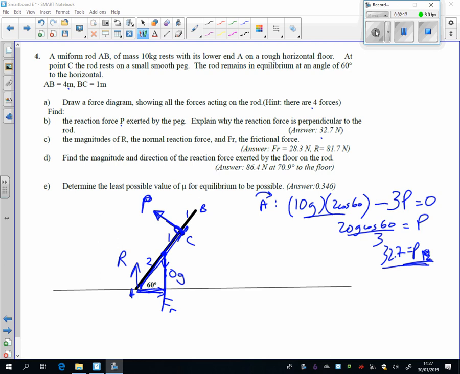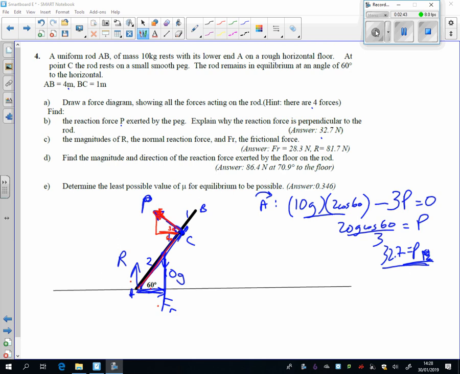Now continue on to part C to try and find out the 2 forces, the normal reaction and the friction here. Basically what we're trying to do is split up this force P here into its horizontal and vertical components. And it might take you a little while to see this, but the angle we've got here is, look, this is 60 here. So if I've got Z angle there, this is 60 here.